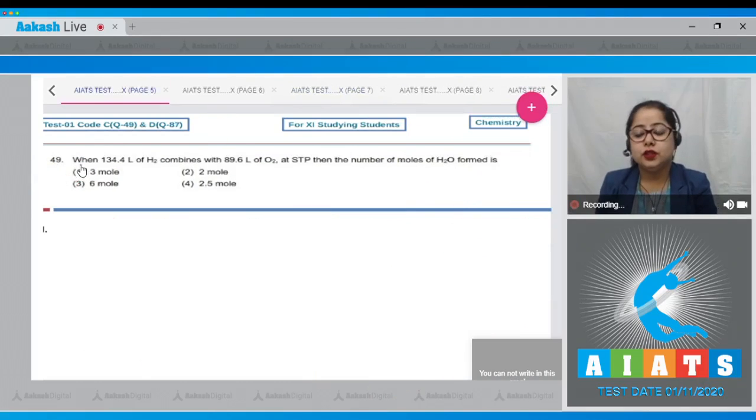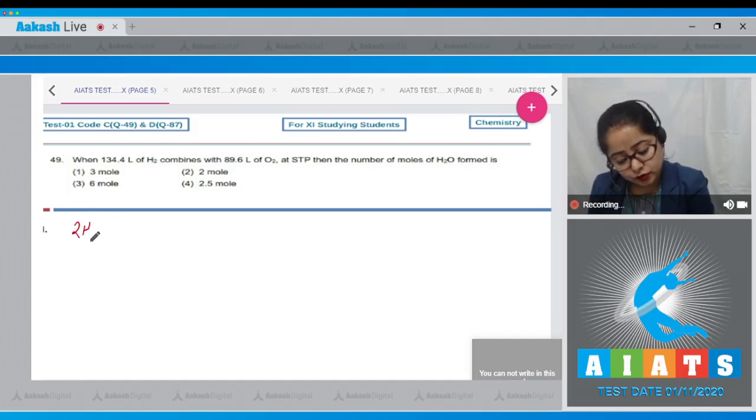Let's read the question. When 134.4 liter of H2 combines with 89.6 liter of O2 at STP, then the number of moles of H2O formed is. So again, students, we have to write the balanced reaction that occurs between H2 and O2 to form H2O. So I'm writing it. 2H2 plus O2 gives 2H2O.